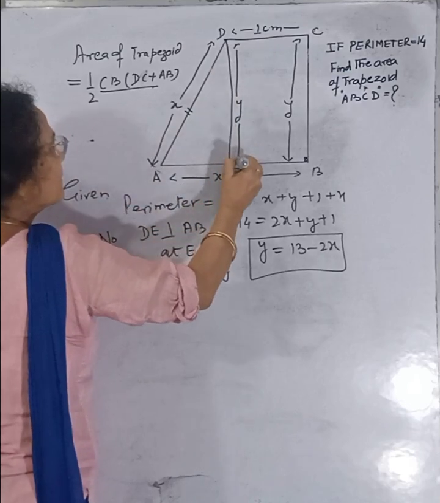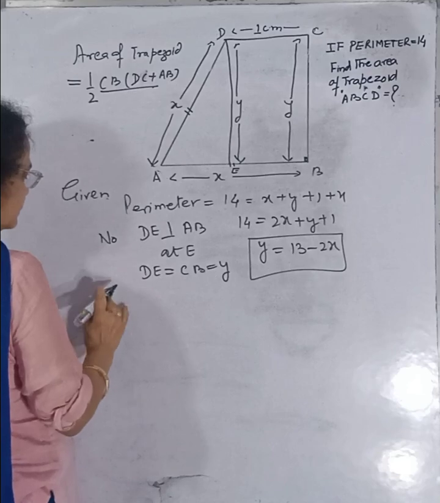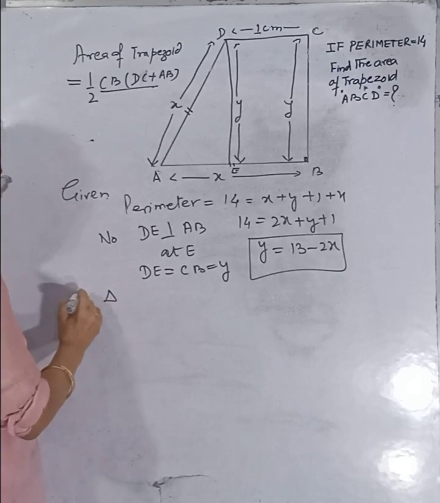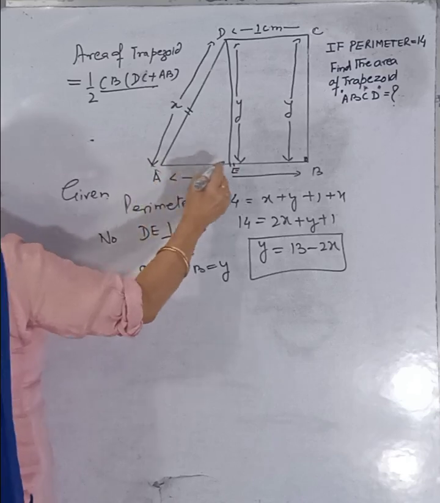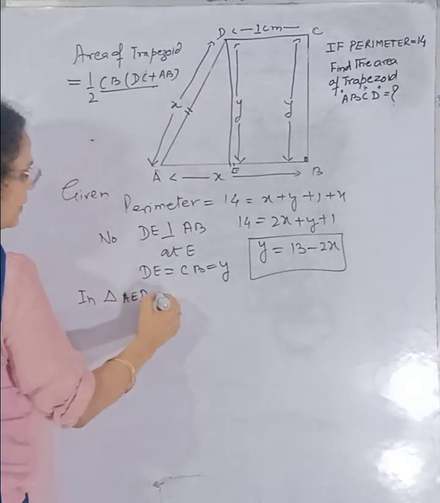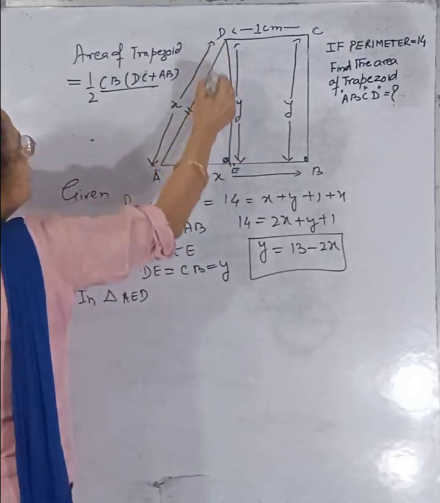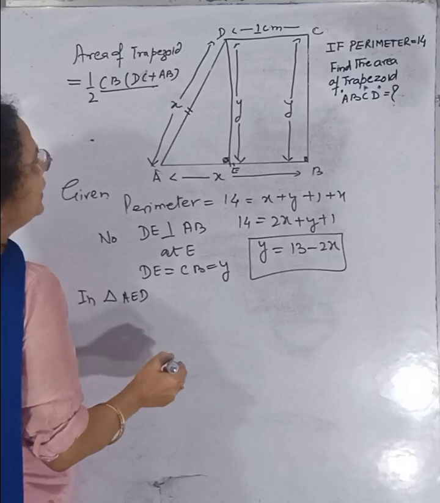In triangle AED, we can apply the Pythagoras theorem because this angle becomes 90 degrees. We have dropped the perpendicular from D on AB.